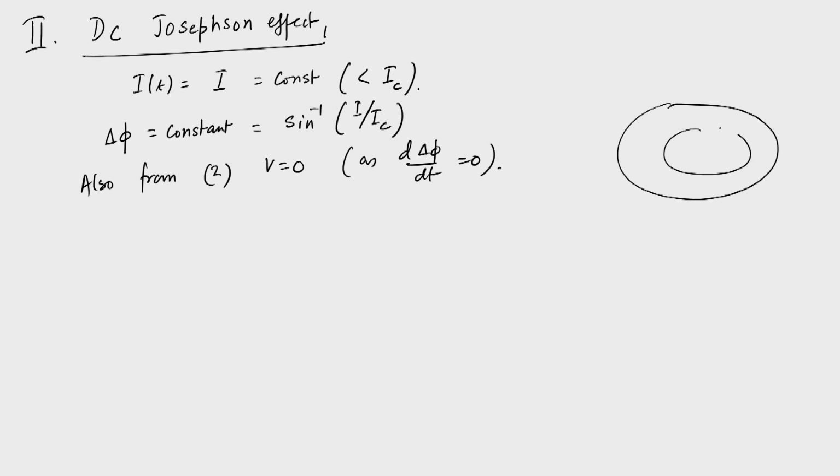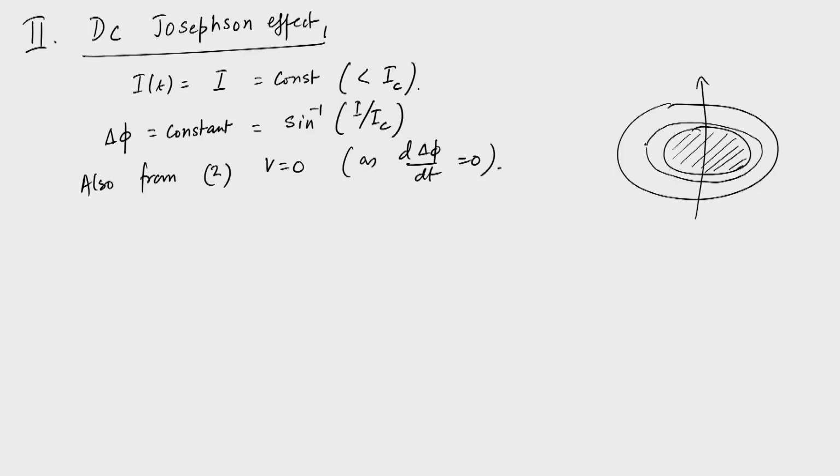So, we are talking about a multiply connected superconductor, that means a superconductor with a single hole. If there is a magnetic field threading it, the flux that goes through it is equal to B dot A, where A is the area of this hole. Now, since the wave function has to be single valued, if we make a turn of 2 pi, the phase should be the same.